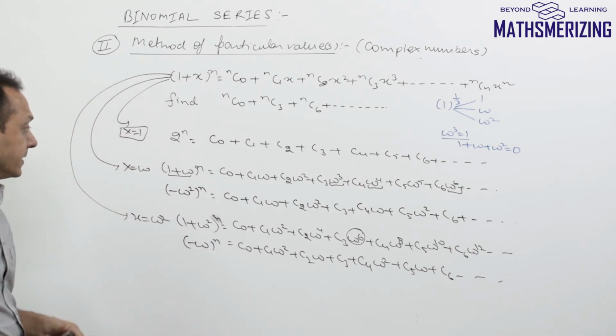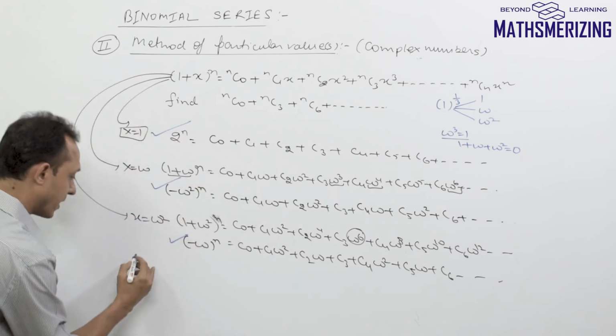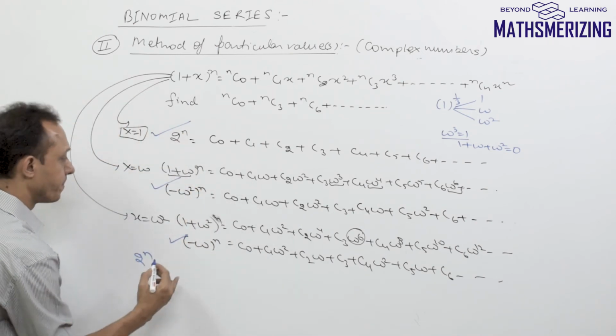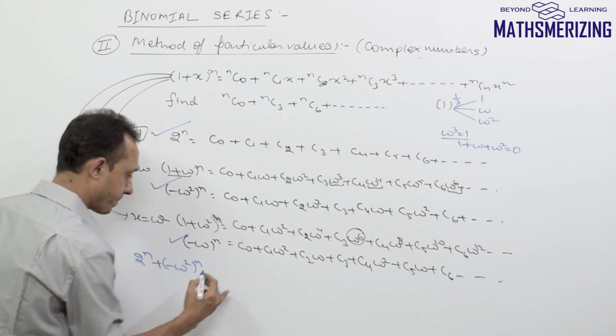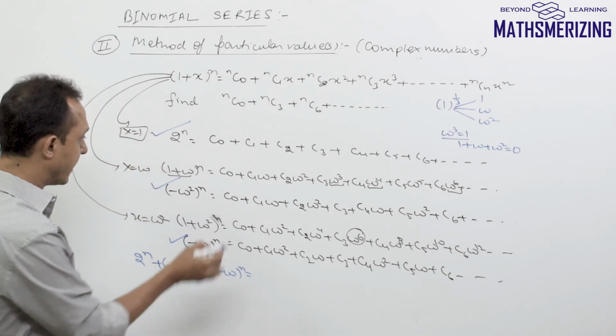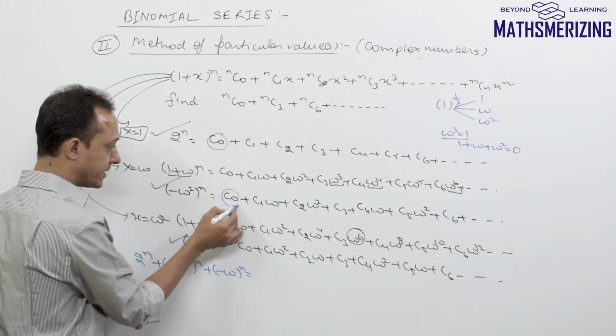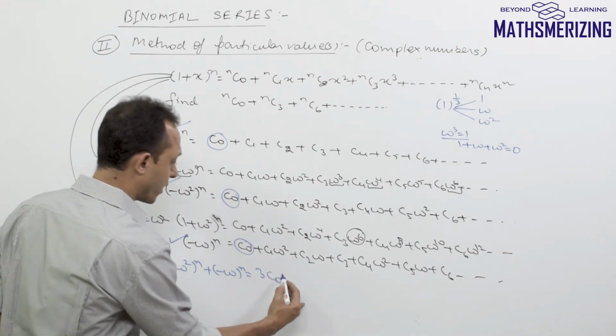Now I'll add the 3 series. So I'll add the first, second, and third series. So I'll write 2 to the power n plus (minus omega square) to the power n plus (minus omega) to the power n. Now when I add them, I'll get C0 plus C0 plus C0. So there'll be 3 times C0. Now what about C1?